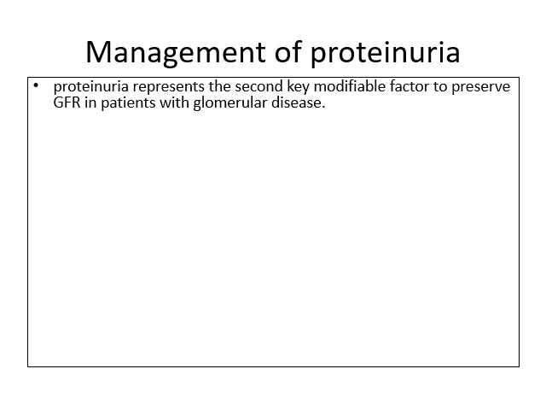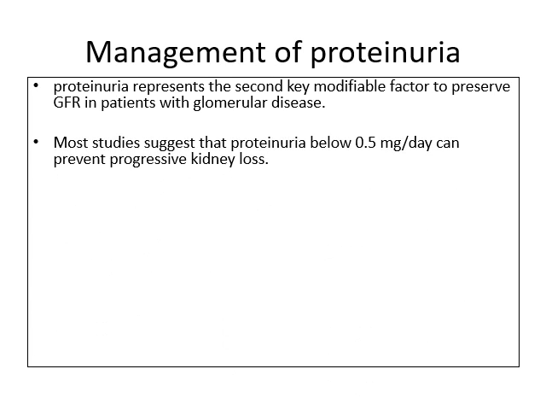Management of proteinuria. Proteinuria represents the second most important modifiable factor in patients with glomerular disease. Most studies suggest that proteinuria less than half a gram per day can prevent progressive kidney loss.